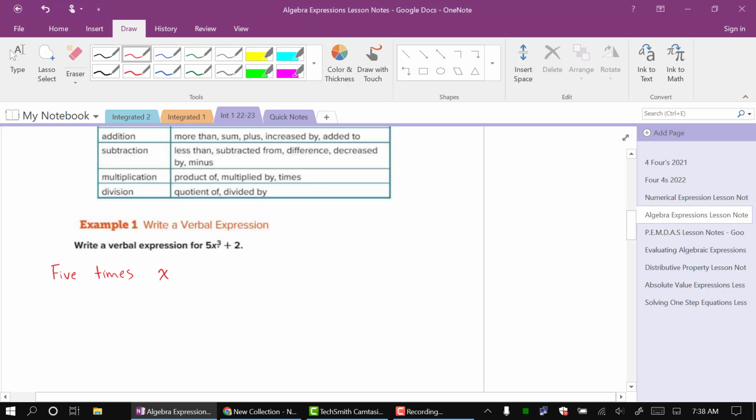So this x is raised to the power of 3. And then we're going to add 2 on the end of it, so plus 2. So that's how we write this as a verbal expression from the mathematical algebraic expression.